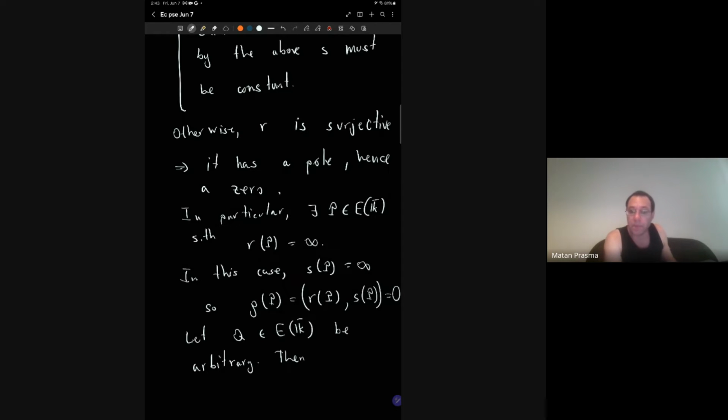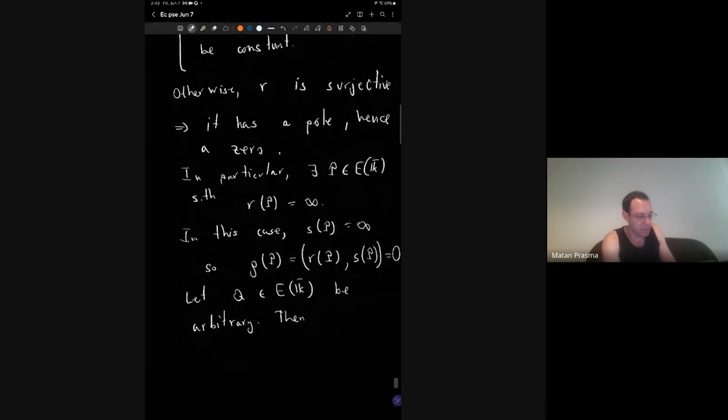Then translation by minus Q is a rational map from E to itself.